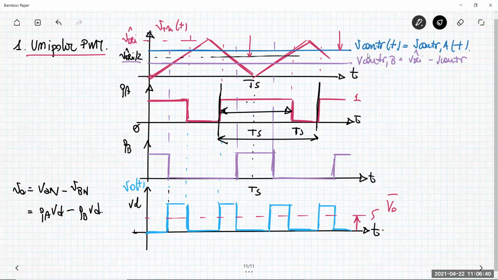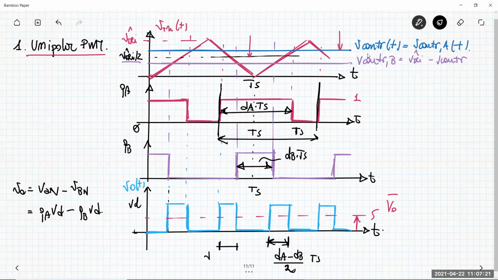So this quantity here is the duty cycle dA multiplied by Ts. What is the time interval here? It is dB multiplied by Ts. So which is the time interval you have here? It is the difference between these two pulses, basically half the difference between the two. So it is dA minus dB divided by 2 multiplied by Ts.